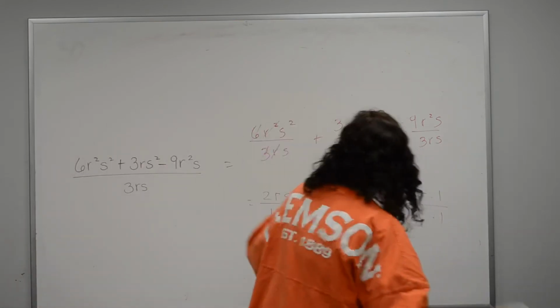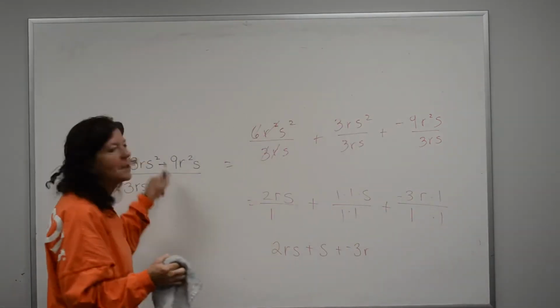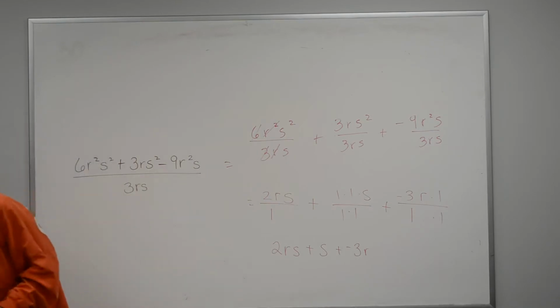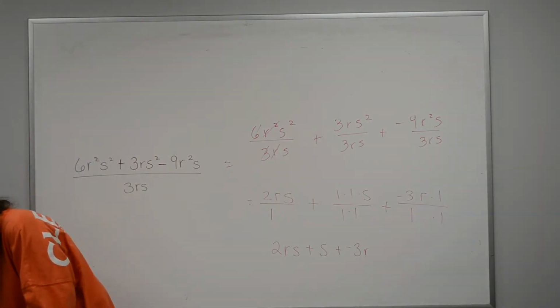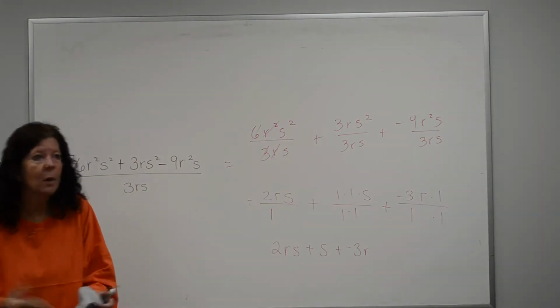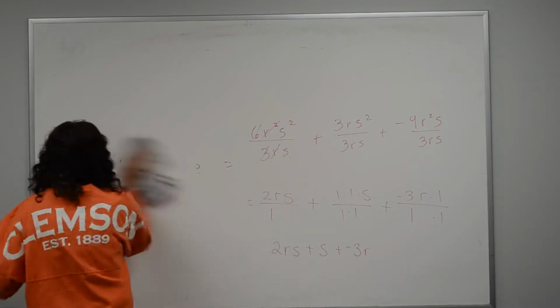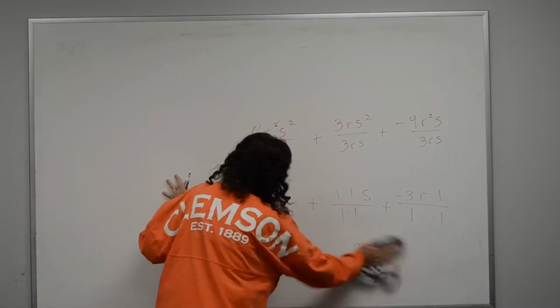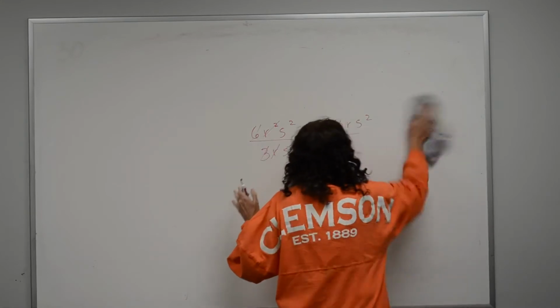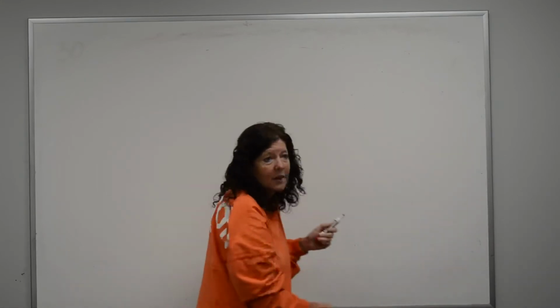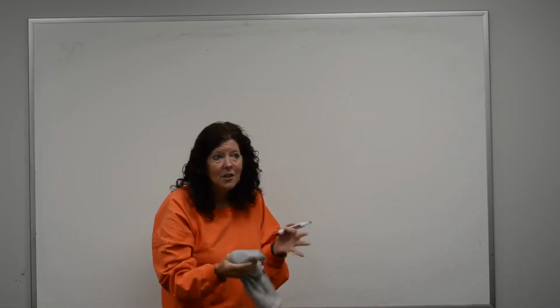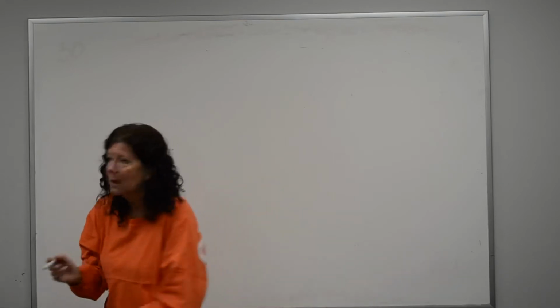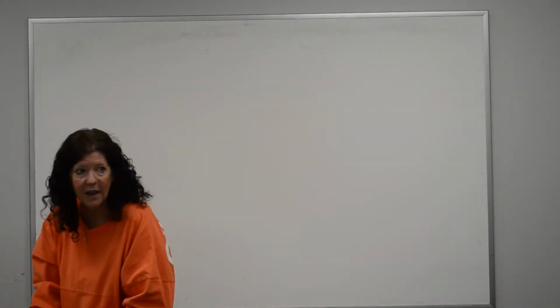Just understand that the monomial is distributed across all of that. Okay, very quickly, I'm going to give you one to try, and then we're going to go on from there. Now, you do not have to write all those ones out. I did so that you could see where they were, but you are certainly not required to do that.